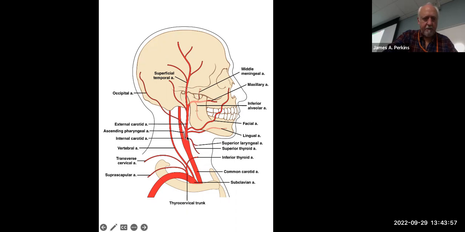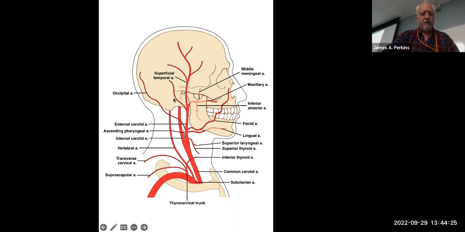If you were to follow the external carotid up towards the skull, the external carotid ends where it splits into these last two branches. There's a superficial temporal artery supplying blood to the sides of the head, to the outside of the head. And then there's a maxillary artery that turns anteriorly and actually kind of disappears into the maxilla from behind.